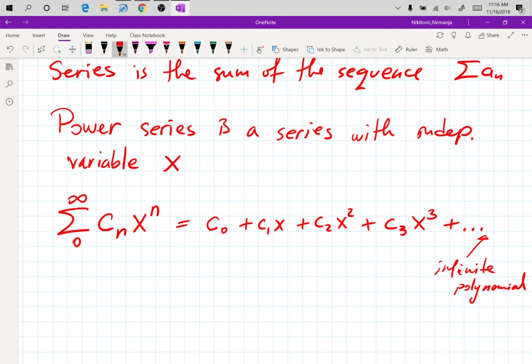Because that's how you define a polynomial. What's a quadratic polynomial? Well, the one that has x squared in it, right? And then a cubic is the one with the x cubed. But if I don't know where the last term is, it's technically not a polynomial. So we call it an infinite polynomial because it doesn't have a highest term. It goes to infinity. So there is going to be x to the 73 million, and there's going to be x to the 1 billion, and so on. It's going to go forever and ever and ever.